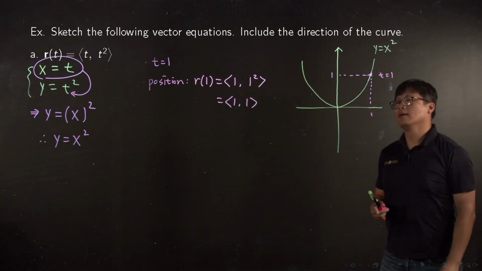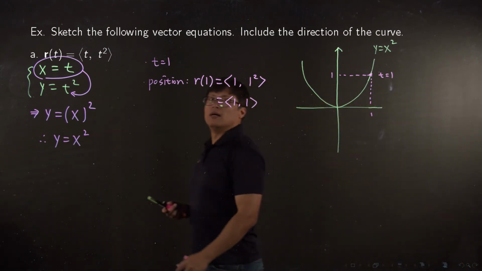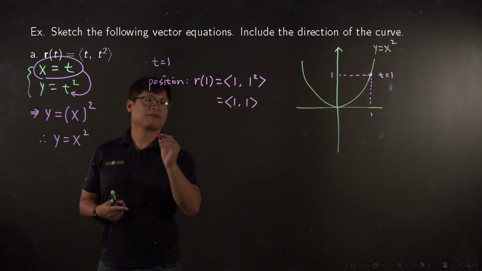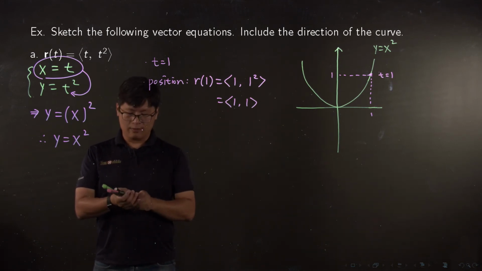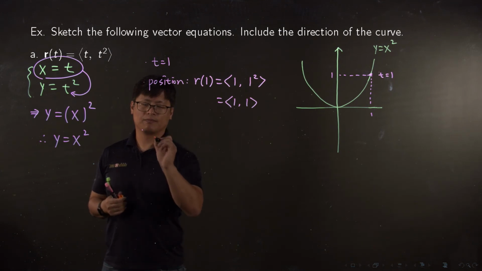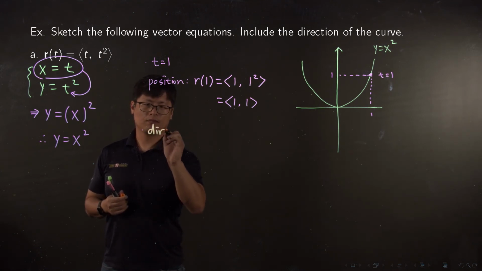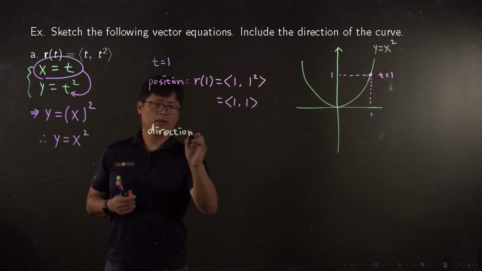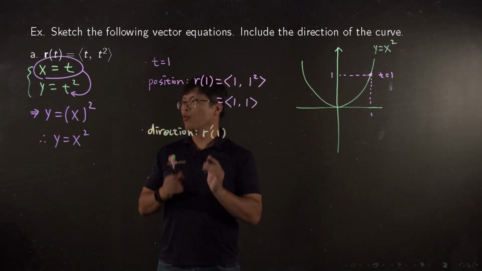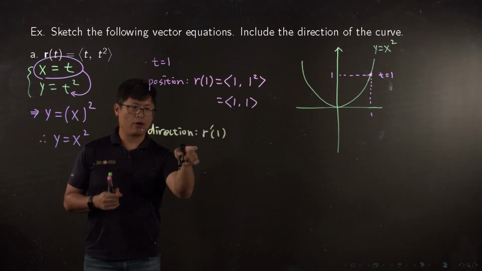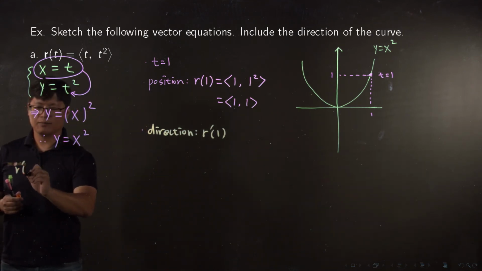Then what about the velocity? Direction is concerned with velocity, so let me use a different color. Direction is concerned with r prime of 1. Wait a minute, we didn't find r prime. Here we go. What is r prime of t?